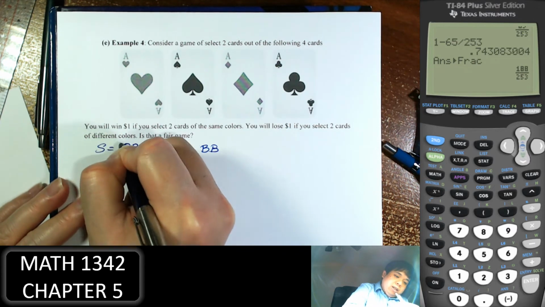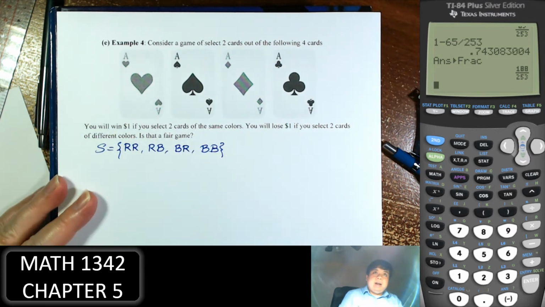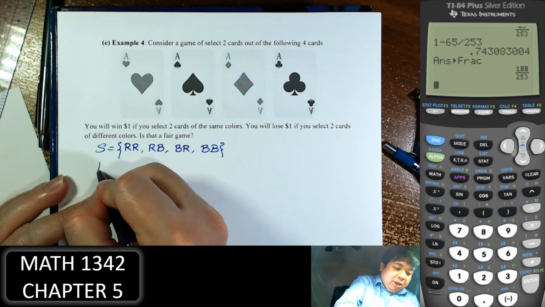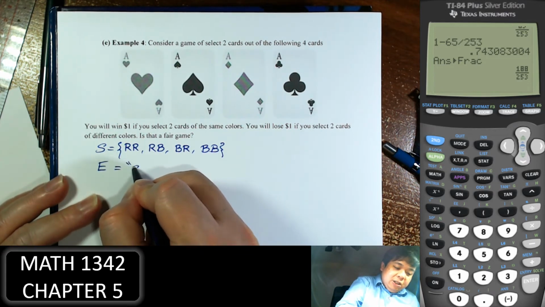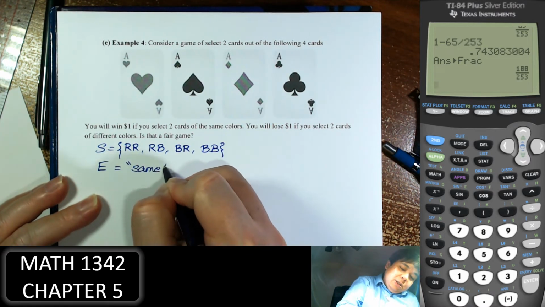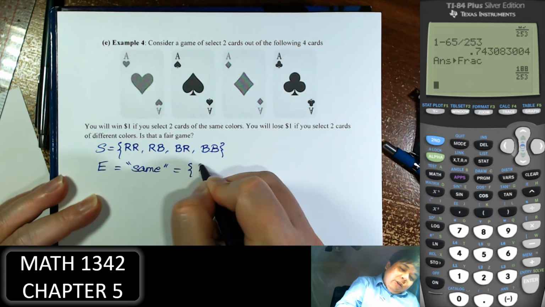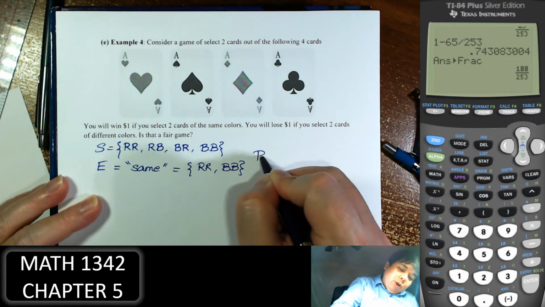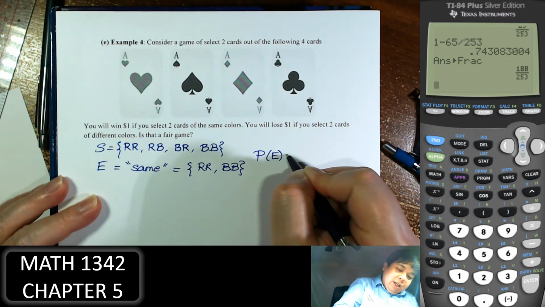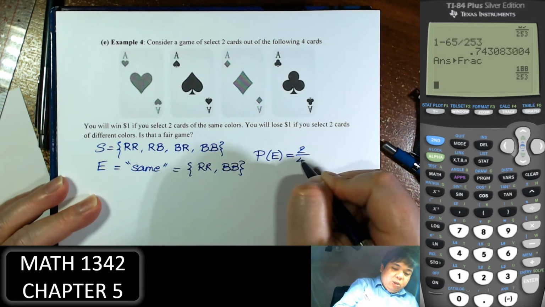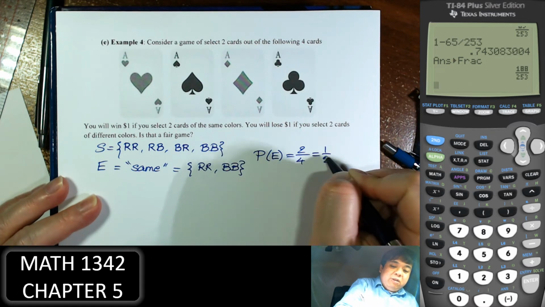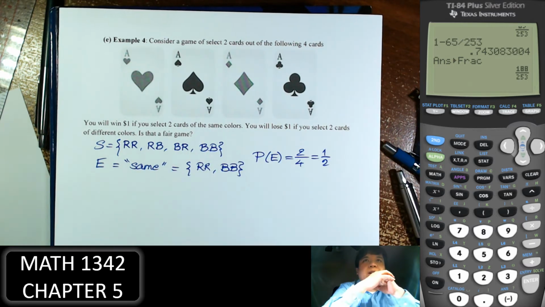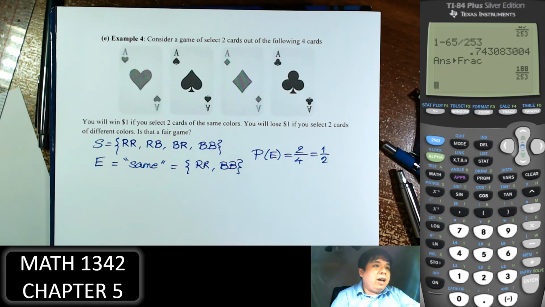The sample space, those are 4, right? And the probability of the same color will be red red or black black. Therefore, the probability of getting event E is 2 out of 4, which is 1/2. In that case, that would be a fair game, right? Let me zoom in first.